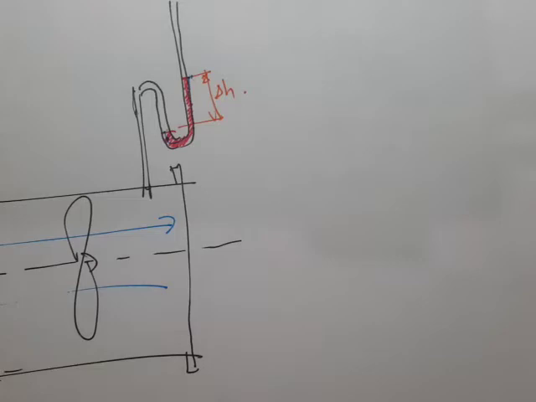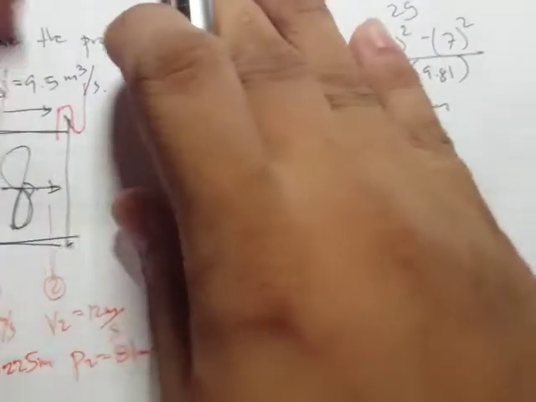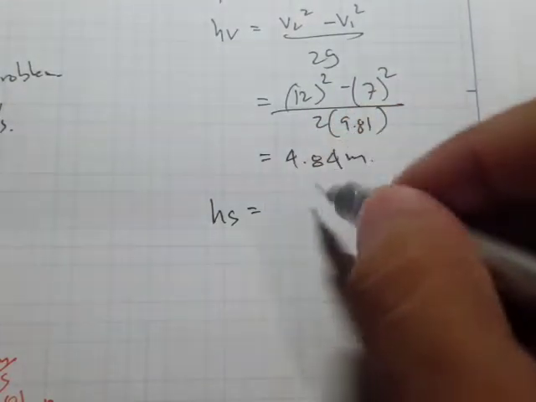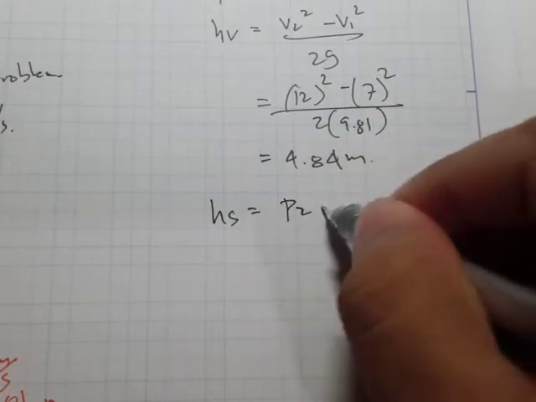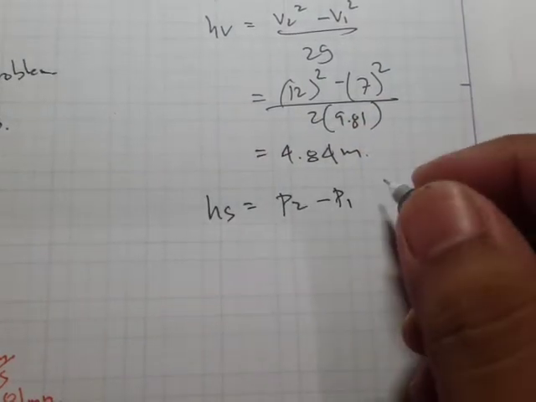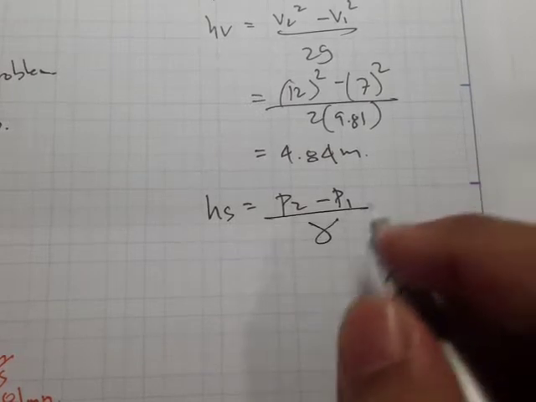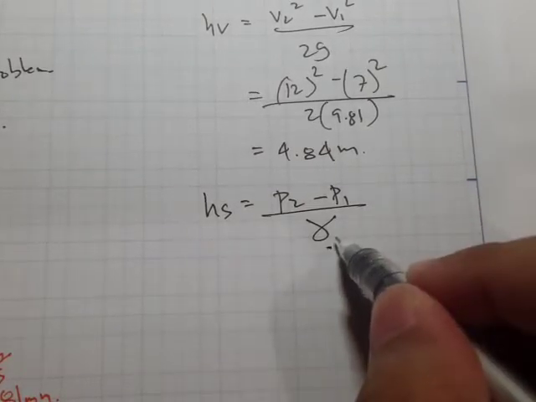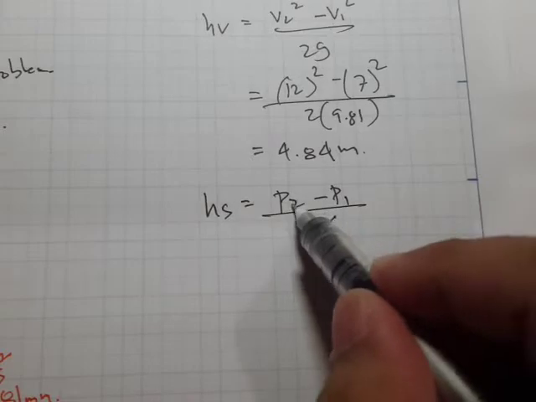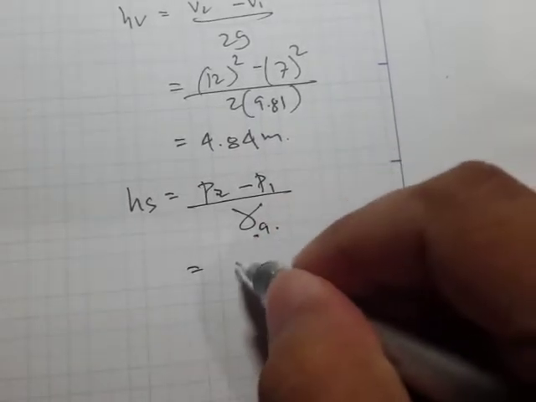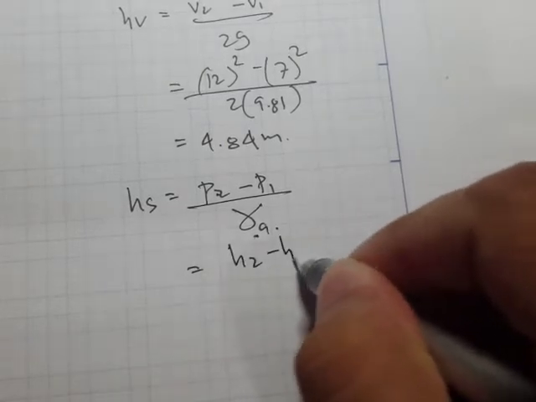Okay, so therefore, if we use this equation, P2 minus P1 all over this. Of course, this should be the unit weight of air, but this pressure is given in terms of head, so therefore this is going to be h2 minus h1.